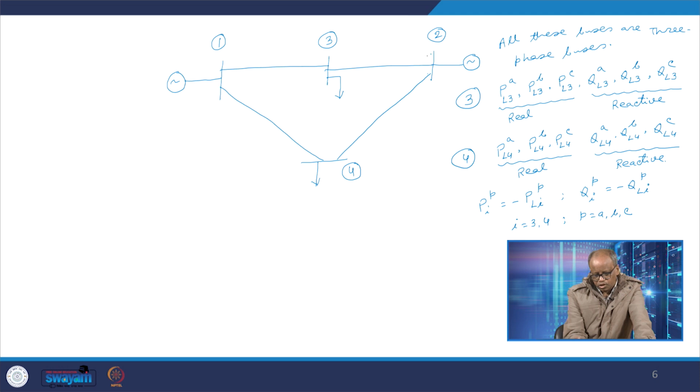Suppose, for example, the total load at bus 3 is 100 megawatt, and the total load at bus 4 is, let us say, 150 megawatt.